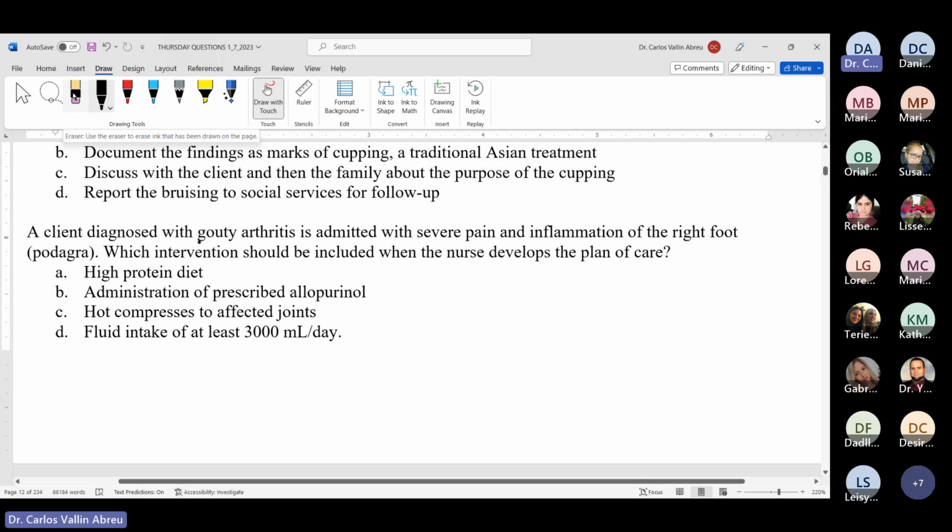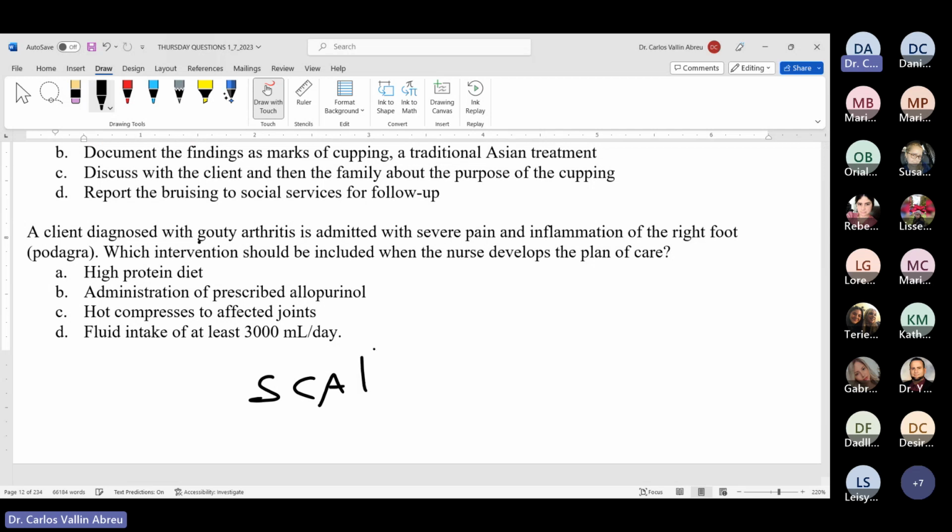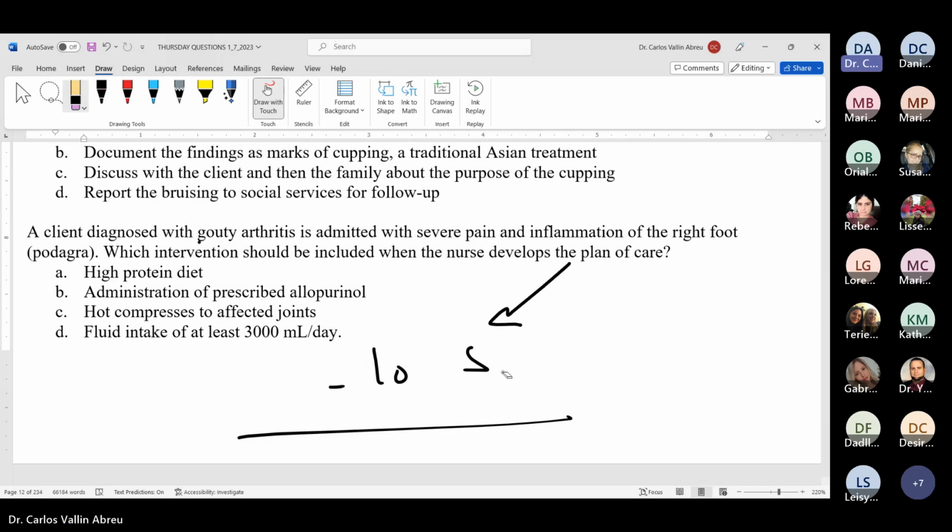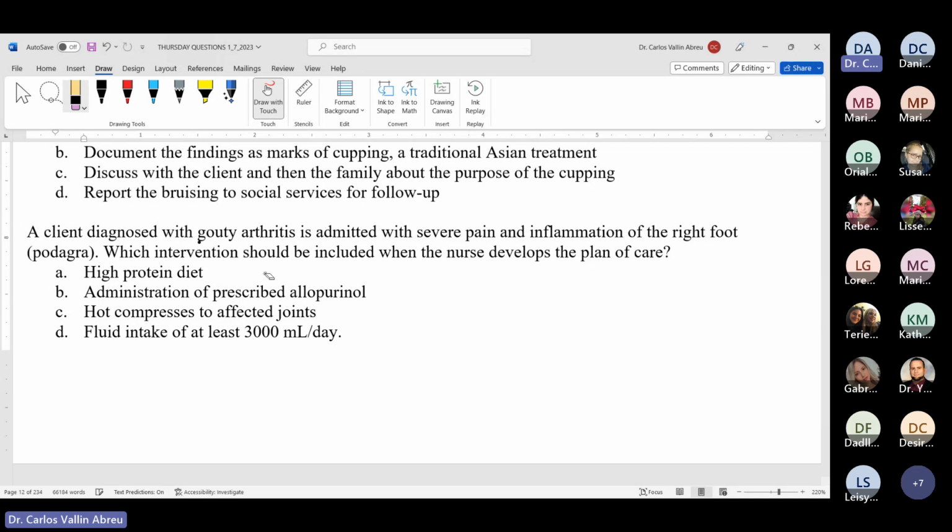But the other foods that are very rich in purines and contraindicated in gout are shellfish: shrimp, lobster, crabs, clams, oysters, etc. Scallops. Always there are scallops in the dish. Some of us don't know scallops. Okay, it is a shellfish. And the other is the fluid.